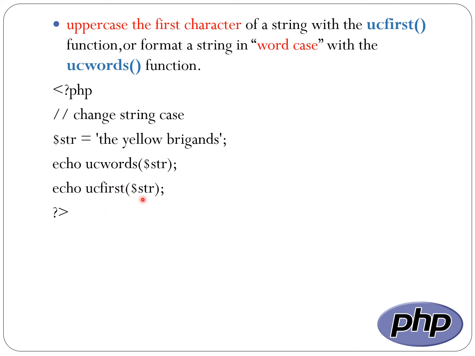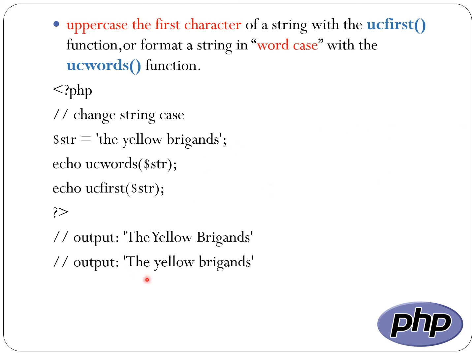Then echo ucfirst of $str means the first letter is set as an uppercase letter. We'll see the example. The first function, ucwords of $str, will make the first letter of each word caps, and the second function, ucfirst, converts the first character of the corresponding string to uppercase.